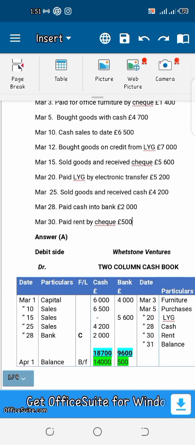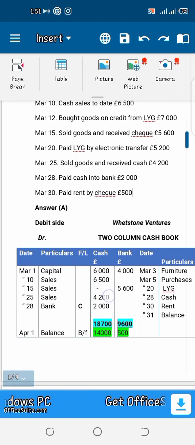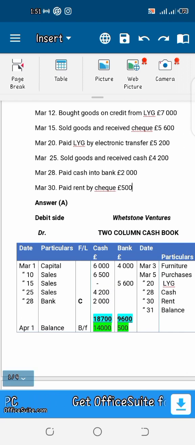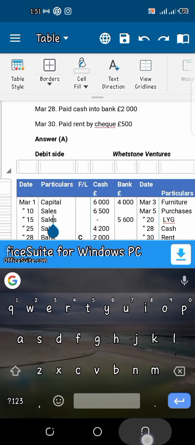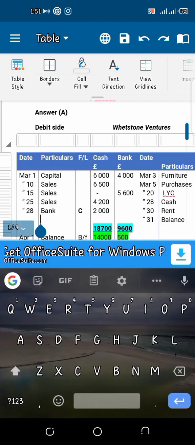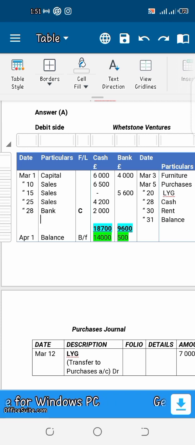So that is entered in the debit side because when sales are made, money is received, whether in cash or by check. So as we can see, we have March 10, March 15, and March 25. That indicates that we have made sales on these dates, whether in cash or by electronic transfer or by check.